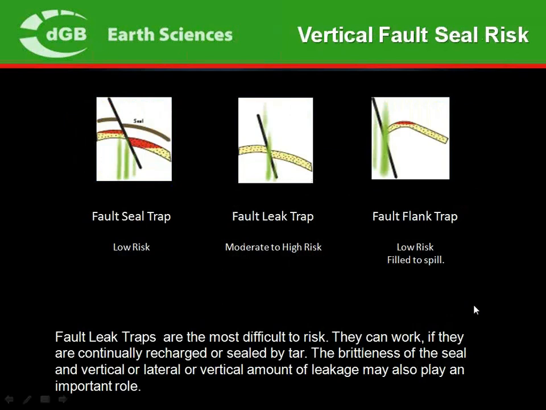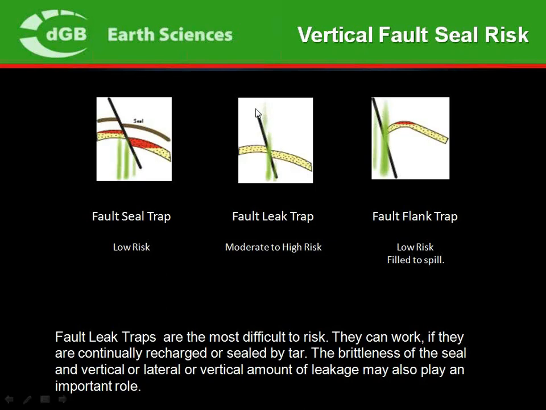The other thing we can use chimneys for is to assess vertical fault seal risk. Very often we see what I would call fault seal traps, where we see migration up into the reservoir but a lack of leakage above the reservoir along faults, which may either be connected or not directly connected to the deeper faulting. These fault seal traps have a very low risk.